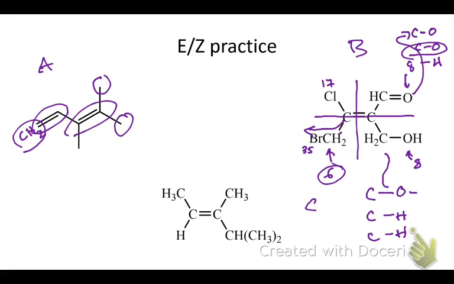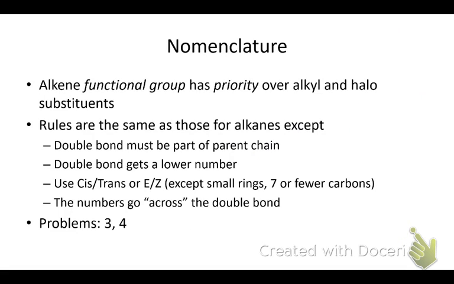So now we're going to go over nomenclature, okay? And we're going to use E/Z rules. Talk a little bit about stability too. And that's about half or 2/3 of the chapter actually. Okay, nomenclature rules: the alkene functional group has priority over alkyl and halo.